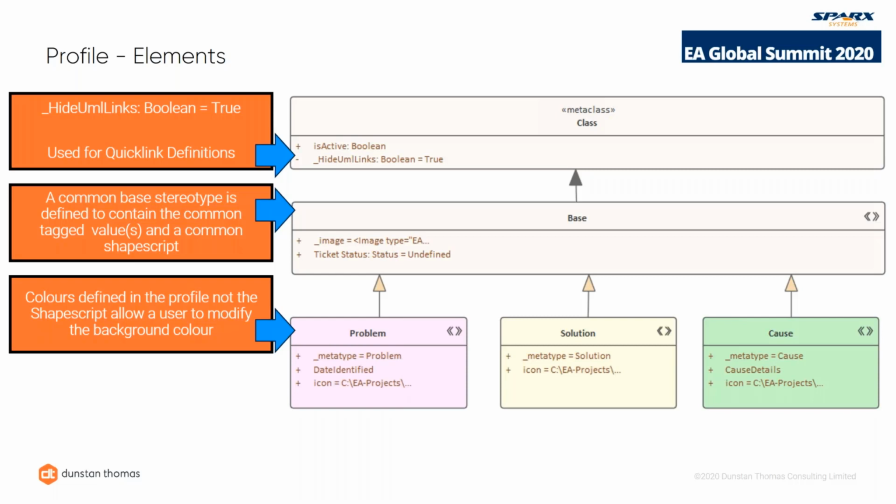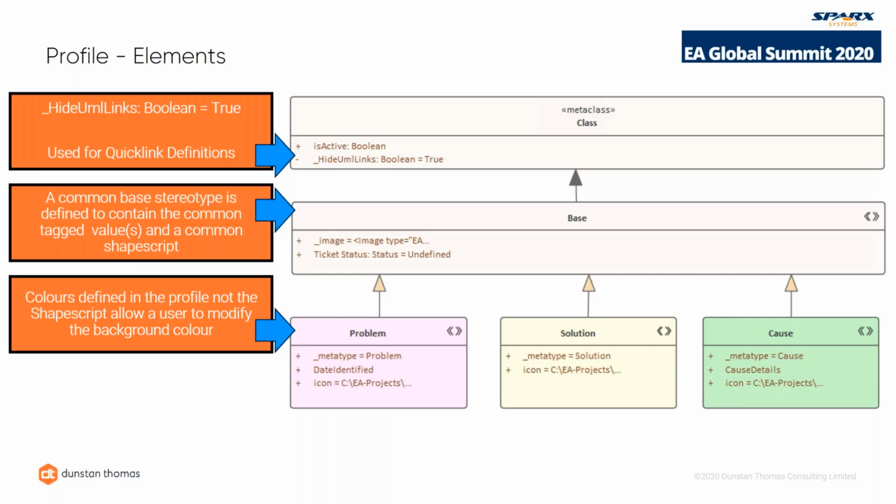Notice I've color-coded using F4 and the color background in EA, the colors I want for these elements. Now, if you do this in the profile as shown here, your user can still use F4 to override and change the colors. If you do not want them to do that, then put the color inside the Shapescript. There's a command in the Shapescript which is called set fill color.